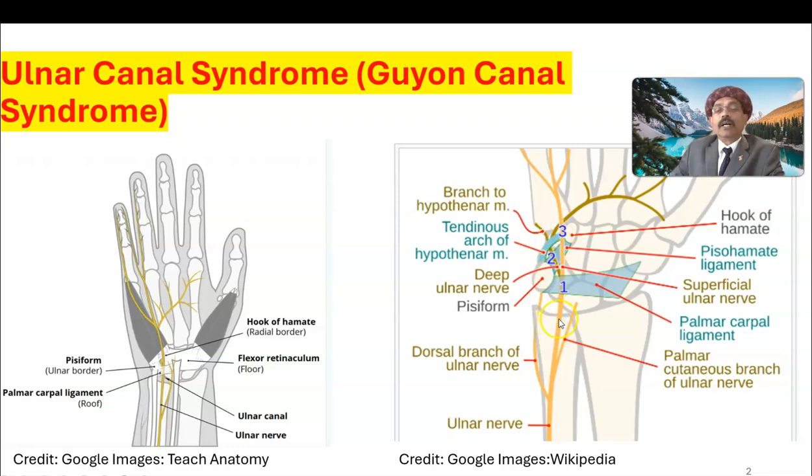We have the ulnar nerve. The deep branch turns around the hook of the hamate, and it supplies the interossei muscles and the adductor pollicis muscle. The superficial branch is cutaneous. It goes to the skin of the fifth or little finger on the palmar surface, and the medial half of the skin of the ring finger.